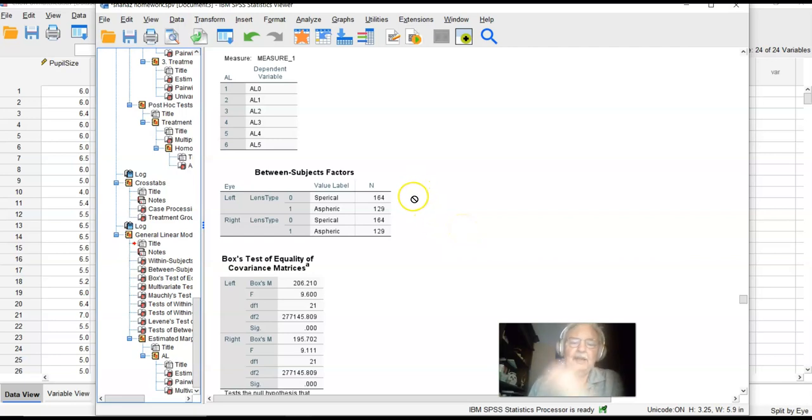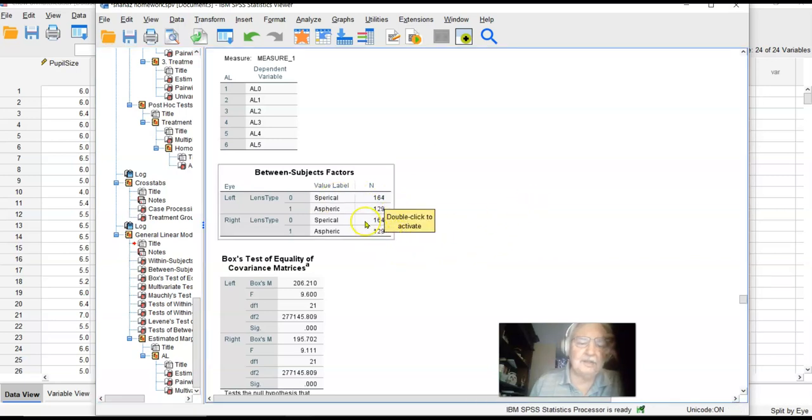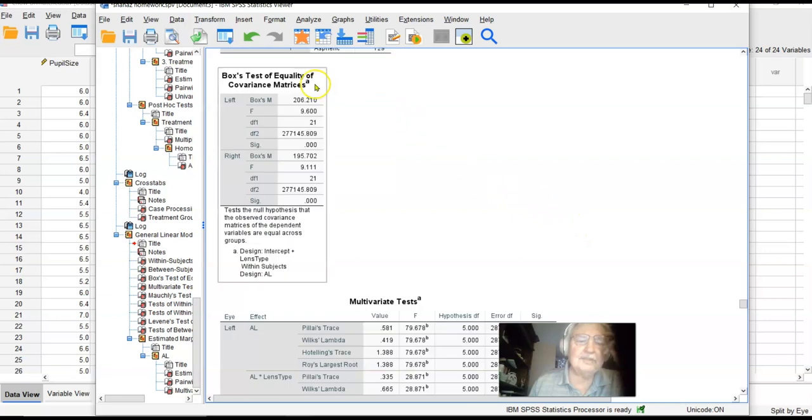All right, so we have 164 lens type 0 with the left eye, 164 and 100 with the right eye, and so forth. That's our N. And this uses a Box test of equality of variance. Oh dear, looks like we are rejecting that. That's because sphere has a lot more variance than aspherical. So technically we should be reluctant to go on.